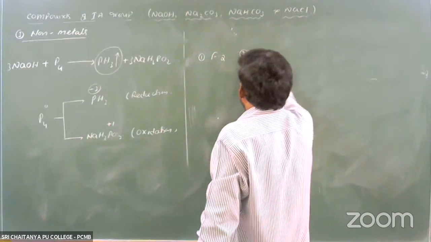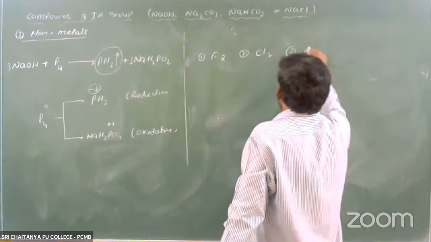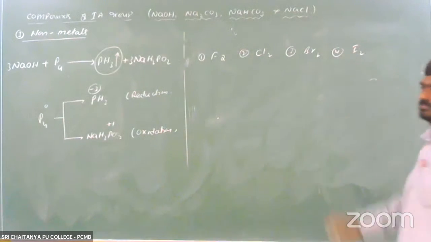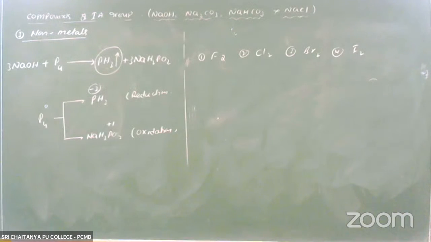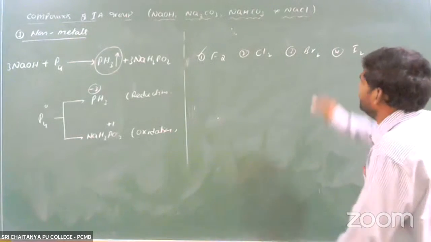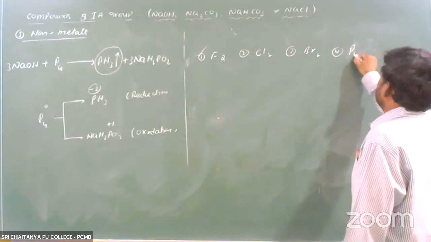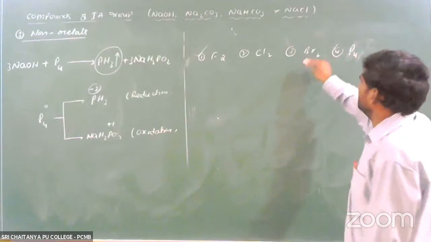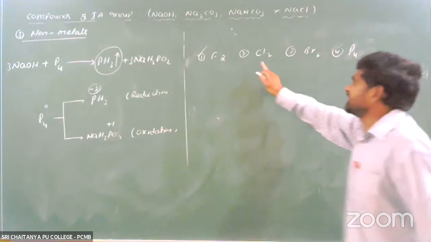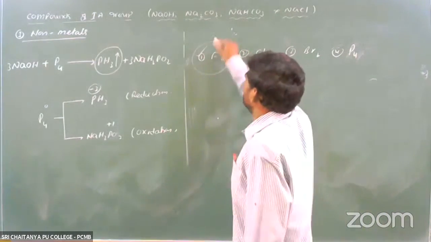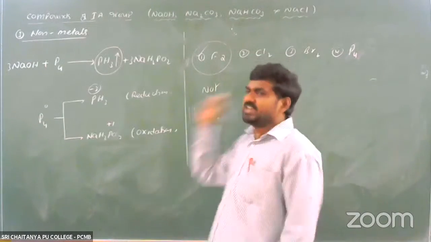First option is fluorine, second option is chlorine, third option is bromine, fourth option is iodine. Fluorine is not a disproportionation. With phosphorus, it is also disproportionation. With bromine, disproportionation. With chlorine, disproportionation. But with fluorine, it is not a disproportionation reaction.